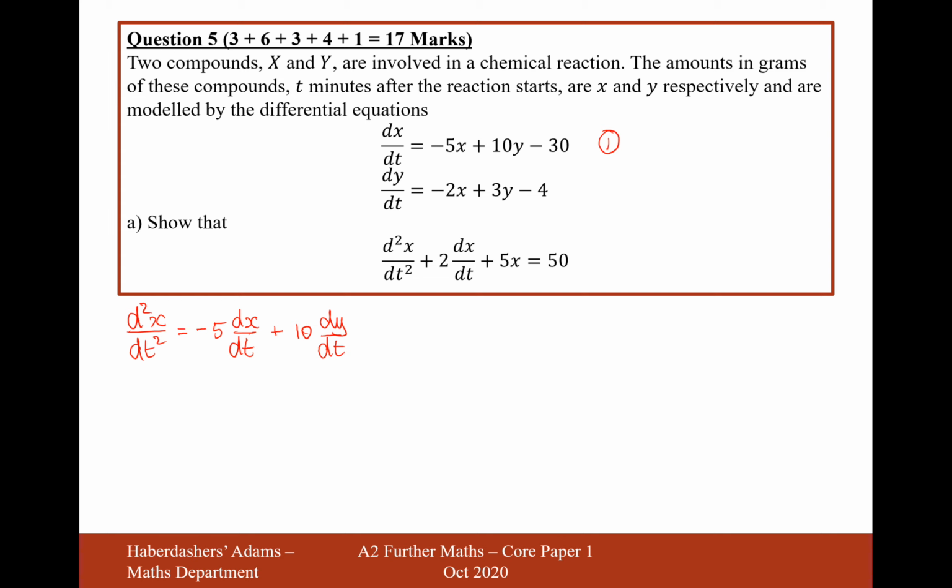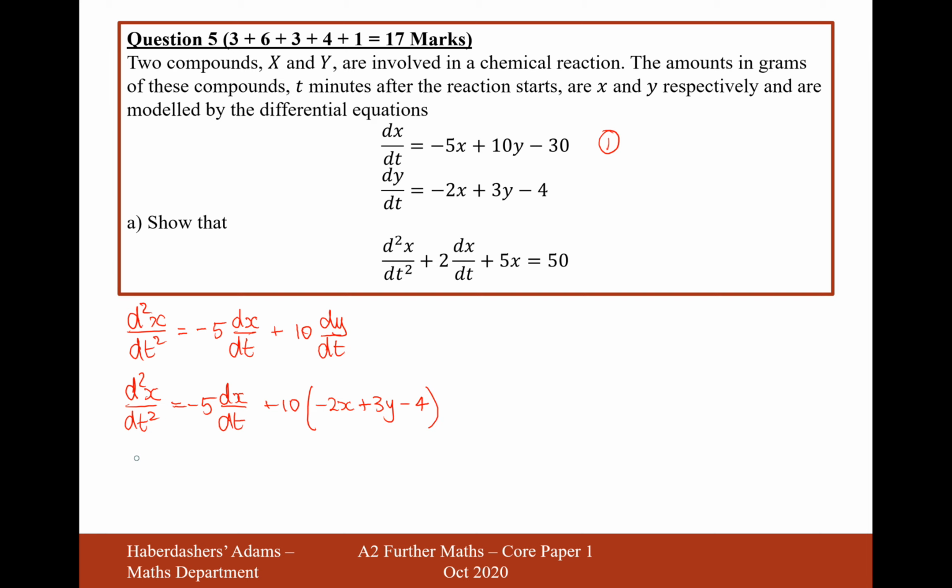Okay, so what I could do now is I can substitute in the dy by dt in where dy by dt is. So it's the second differential equals minus 5 times the first differential plus 10 lots of the dy by dt, so that's going to be minus 2x plus 3y minus 4.